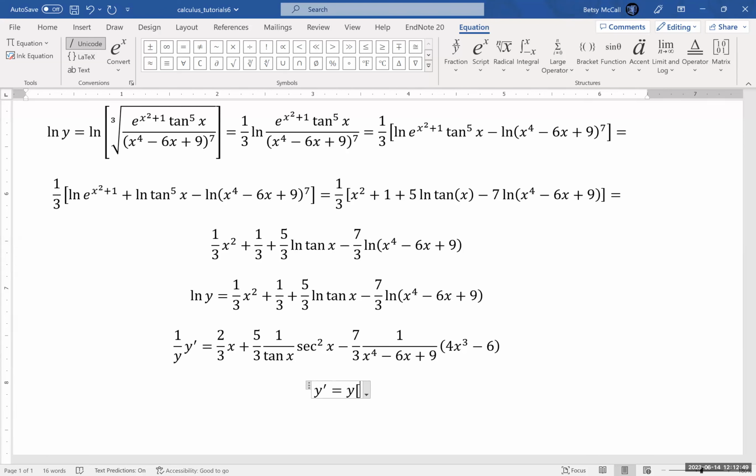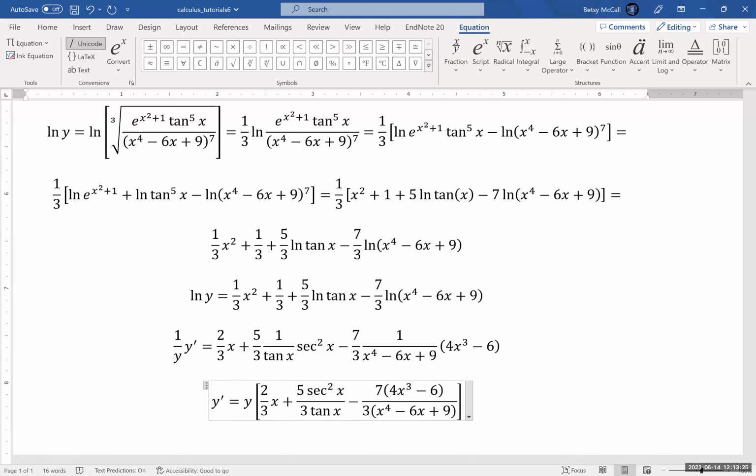And so 2/3 x plus 5 secant squared x over 3 tan x minus 7 times 4x cubed minus 6 divided by 3 times x to the 4th minus 6x plus 9.